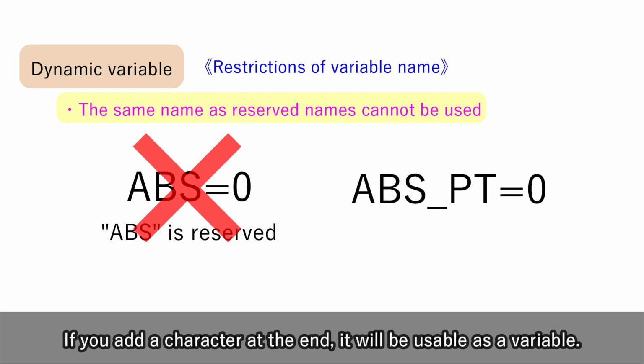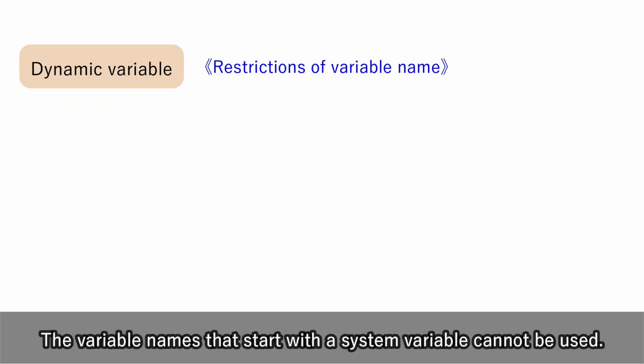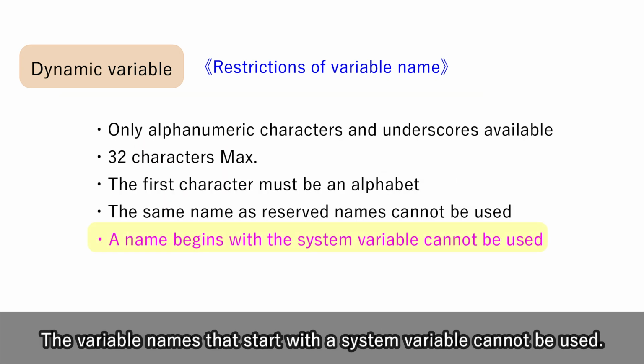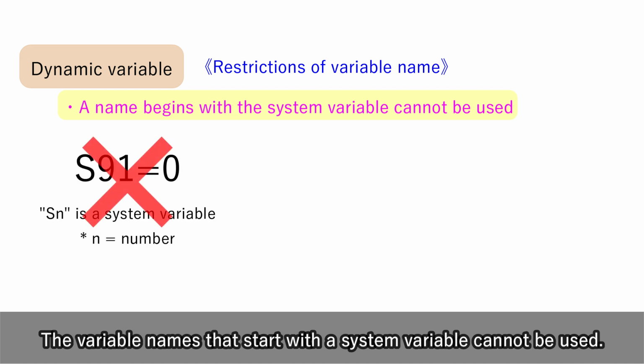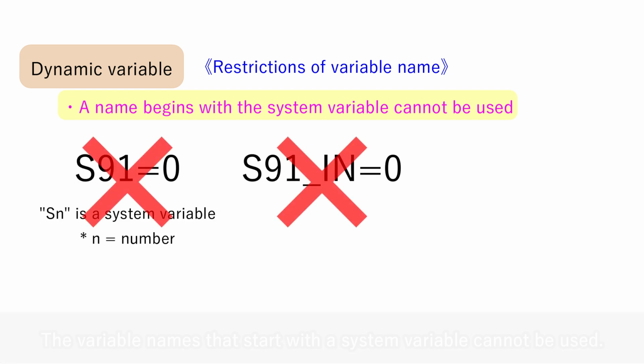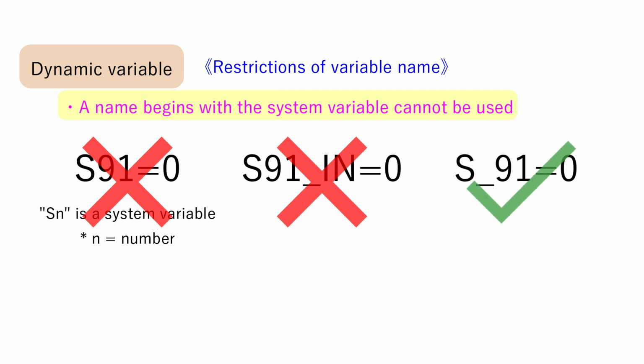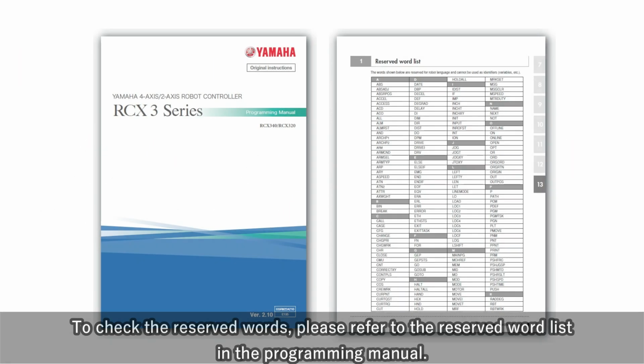If you add a character at the end, it will be usable as a variable. The variable names that start with a system variable cannot be used. To check the reserved words, please refer to the reserved word list in the programming manual.